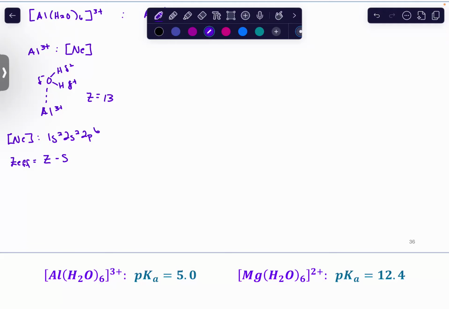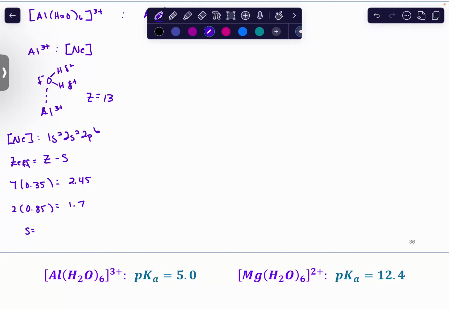For all of the electrons in that shell, it's going to be 7 times 0.35. That's going to give us a shielding of 2.45. Then we have 2 electrons in the n-1 level. The n-1 level is 0.85, which gives us 1.7.